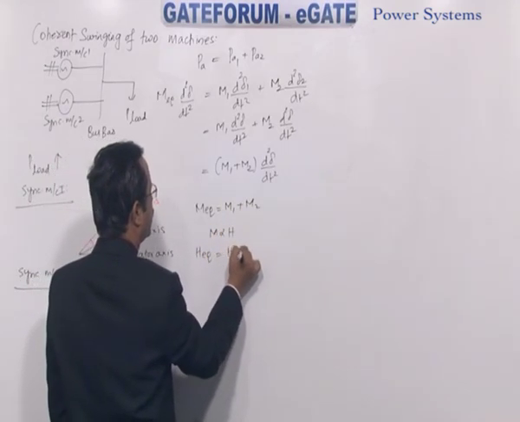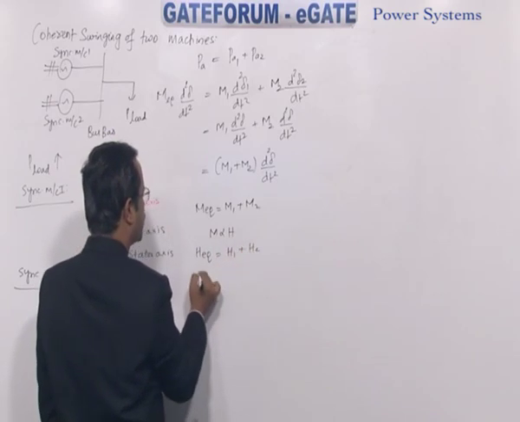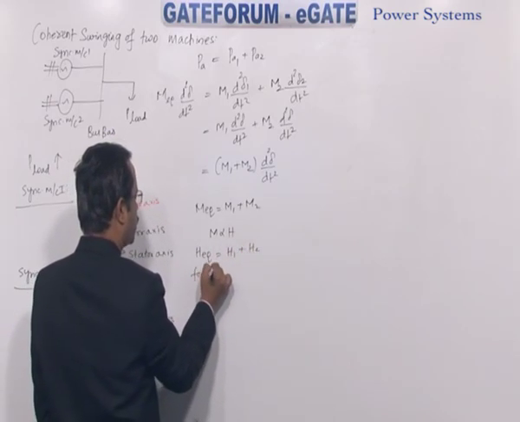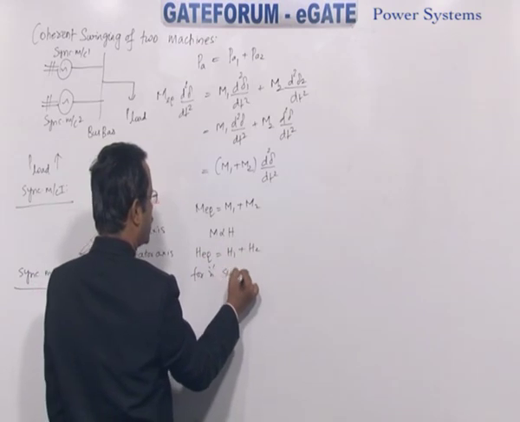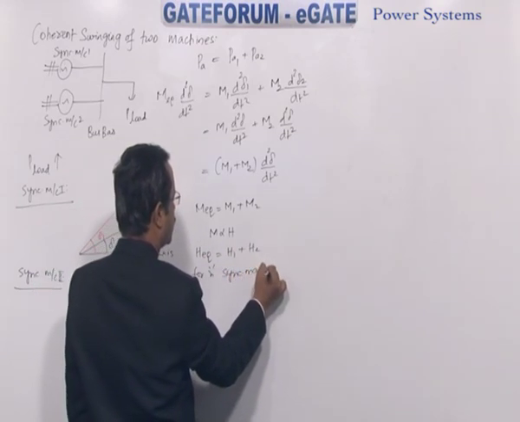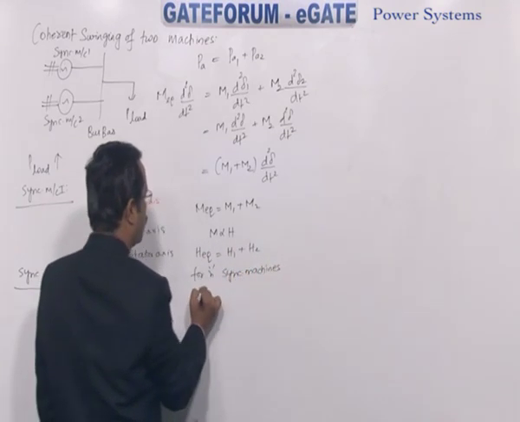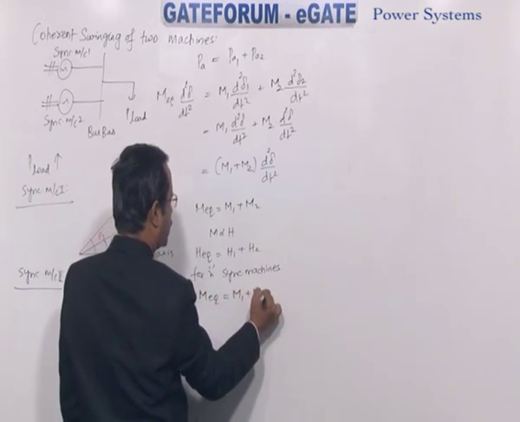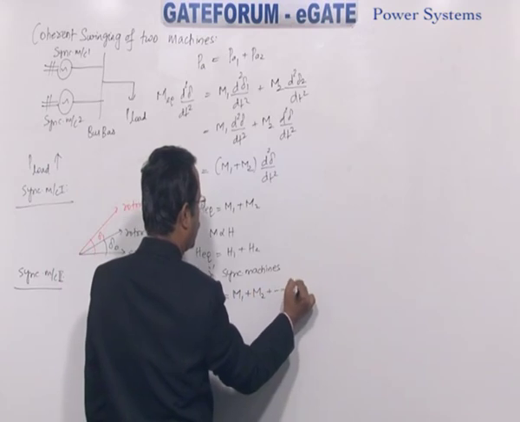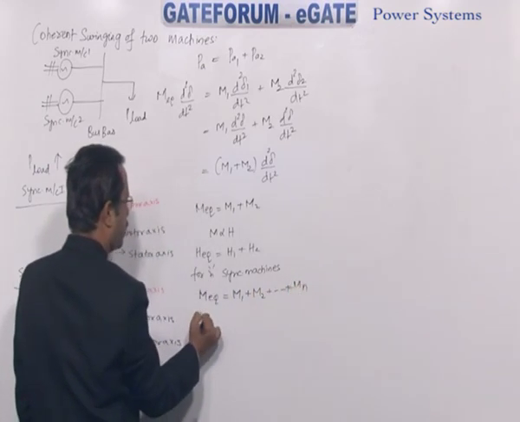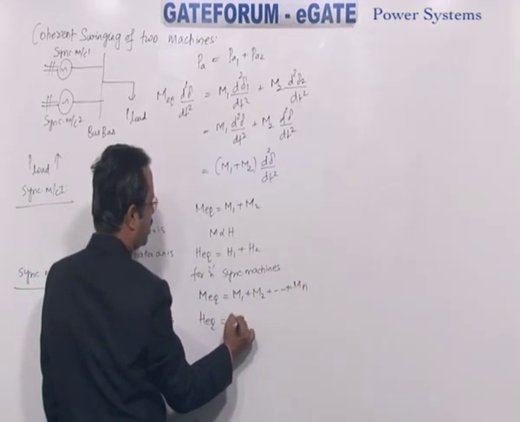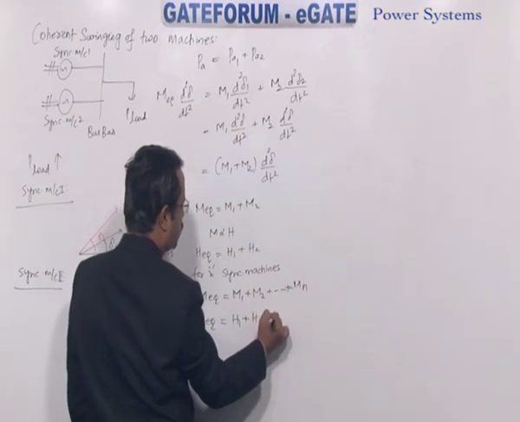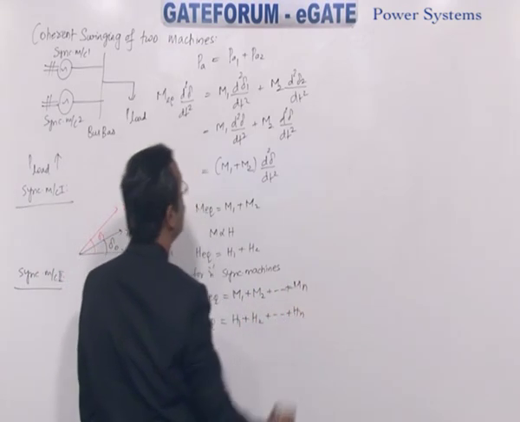What is H equivalent? H1 plus H2. Now you consider n synchronous machines. What is M equivalent? M1 plus M2 and so on up to Mn. What about H equivalent? H1 plus H2 and so on up to Hn.